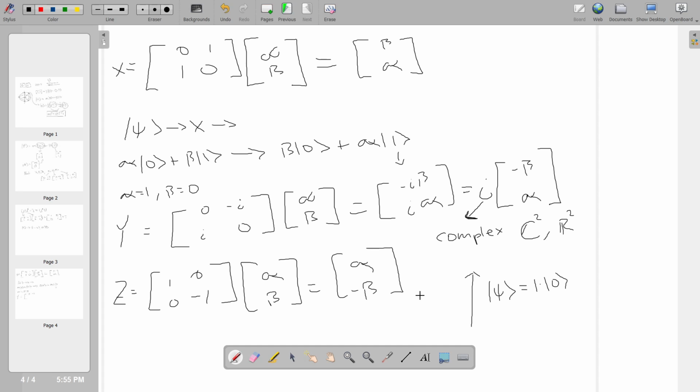And this makes sense because if you're thinking about these as flipping it around this axis, or flipping around the x-axis or y-axis or something like that, we're already on the z-axis, so there's nothing to flip. It's already there, and so that's basically the main three, well, the only three Pauli gates.